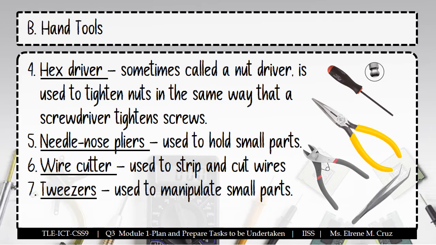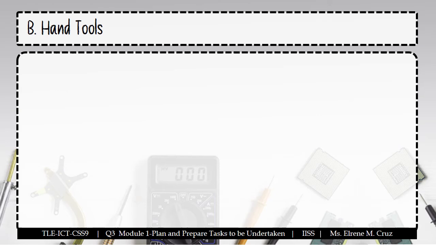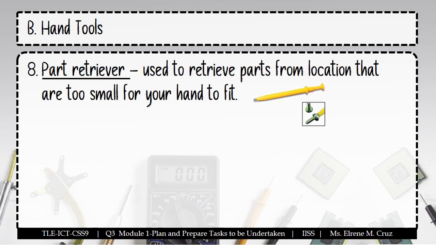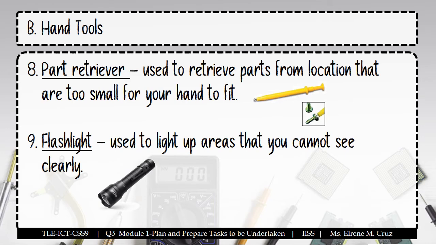Tweezers, used to manipulate small parts. The next hand tool is the part retriever, used to retrieve parts from locations that are too small for your hand to fit. Lastly, flashlight, used to light up areas that you cannot see clearly.